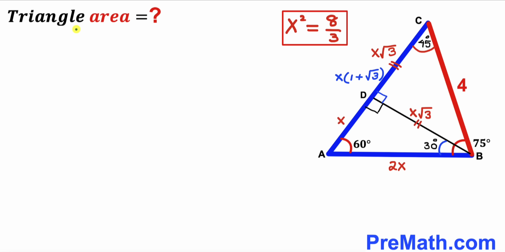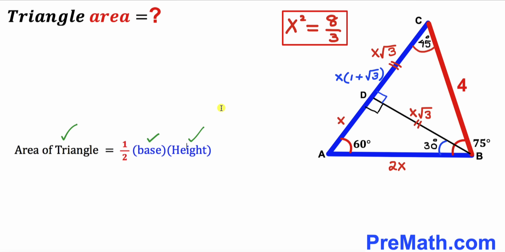And here's our final step. Now we are going to calculate the area of this triangle ABC. Let's recall the area of a triangle formula. Area is always equal to a half times base times the height of the triangle. In our case, the base of this triangle ABC is x times 1 plus square root of 3, whereas the height of this triangle is x times square root of 3.